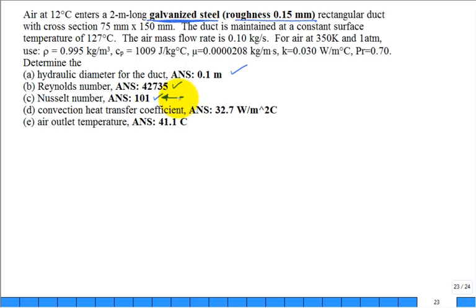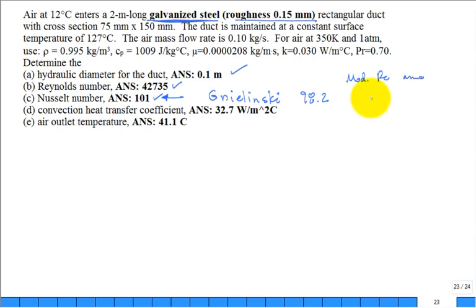It was 101 for the Dittus-Boelter, wasn't it? But if you try the Gnielinski correlation, that other correlation which uses the friction factor, you'll get a different estimate of the Nusselt number. That will come in at 98.2 versus 100. Or you could just use the modified Reynolds analogy.